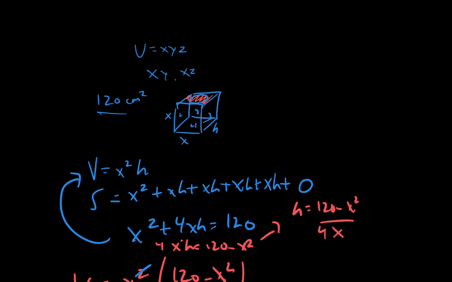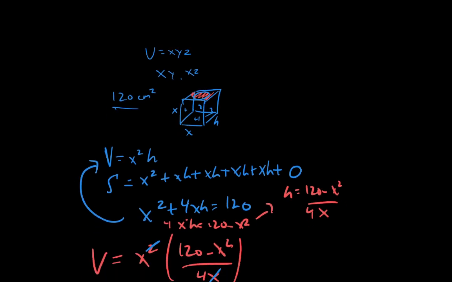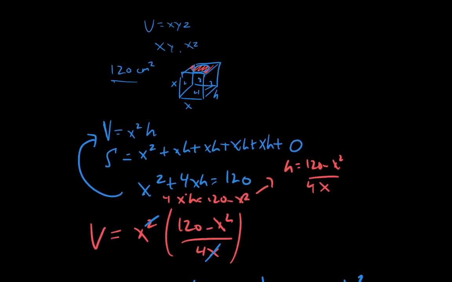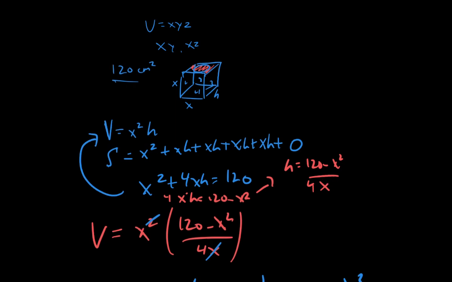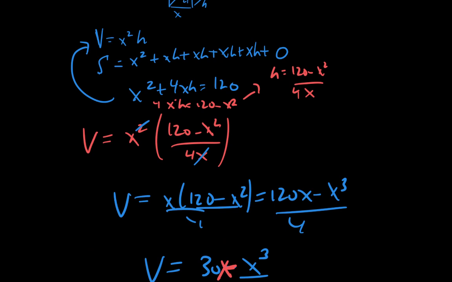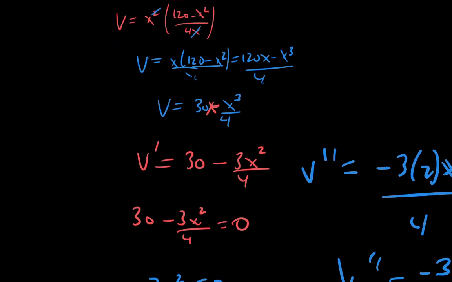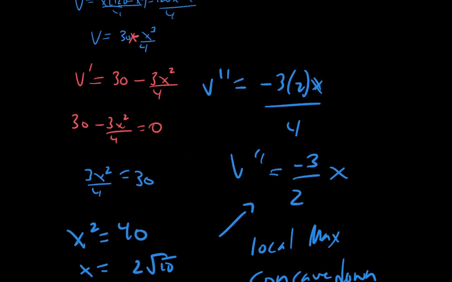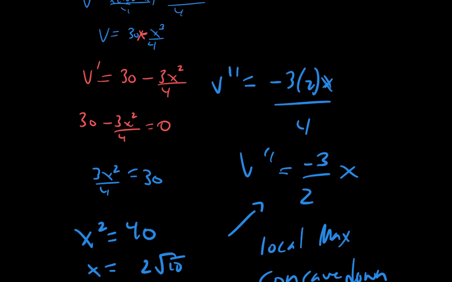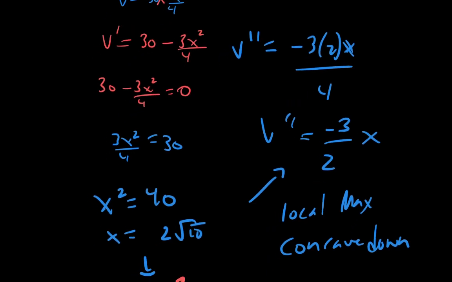We then found the expression for volume and our surface area, and used our surface area equation to plug into our volume. We found our volume using our constraint. We took the derivative, and then we also took the second derivative to see if it was a local max or minimum. We found that it was a local maximum.